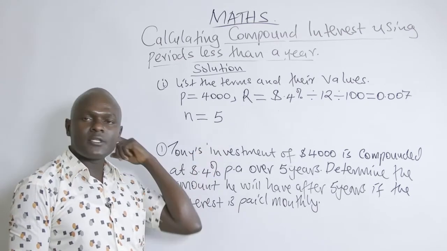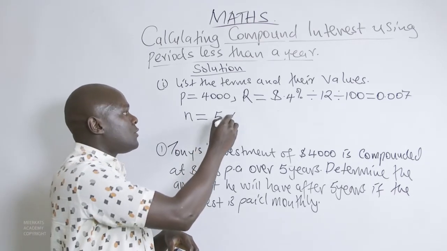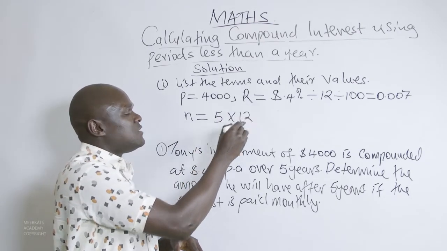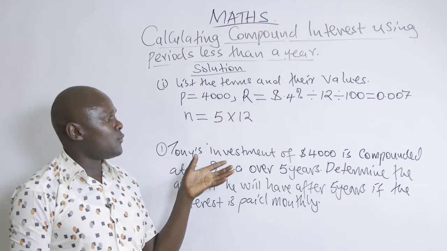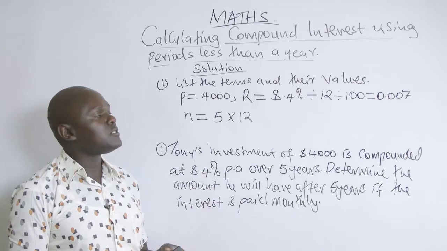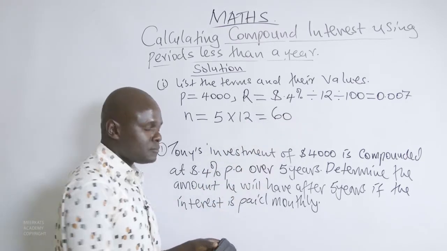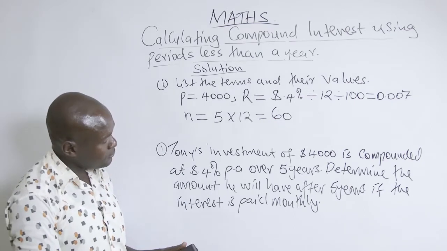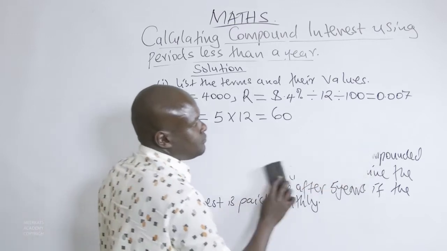Because the compound interest is compounded every month, this will have to be multiplied by 12 to get the total number of periods over which this compound interest is going to be calculated. And this will give us 60 periods.